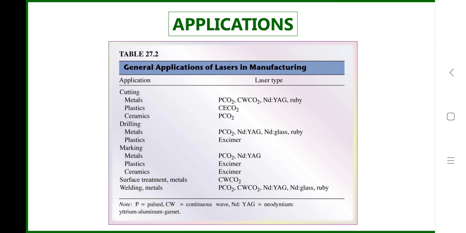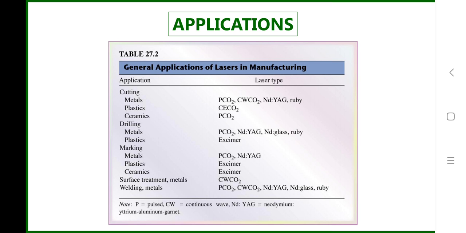Then for the application of drilling, if you drill metal or plastic, we can use a different laser type. Again, for marking application, you can use laser. For surface treatment and welding of metals, we can use different types of laser for laser beam machining.